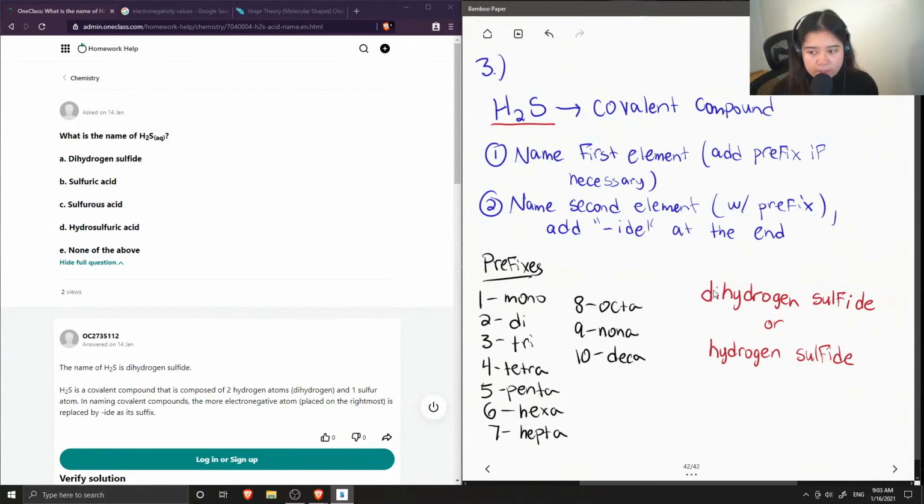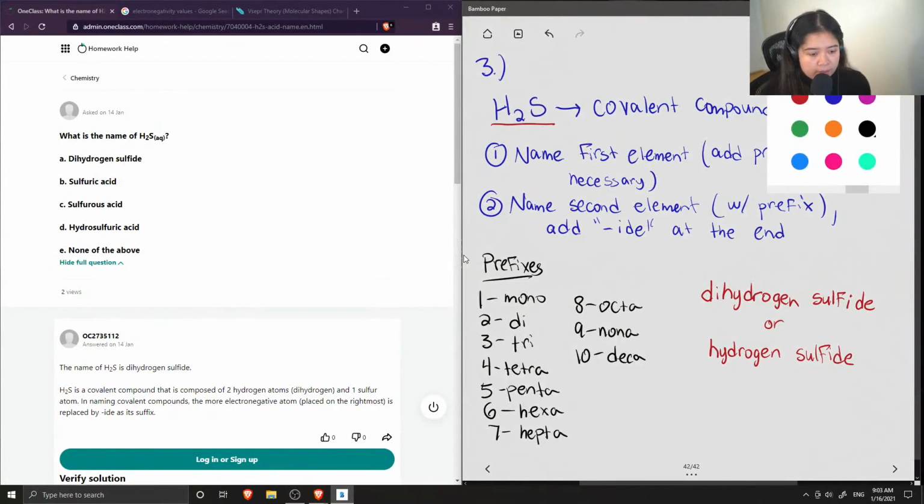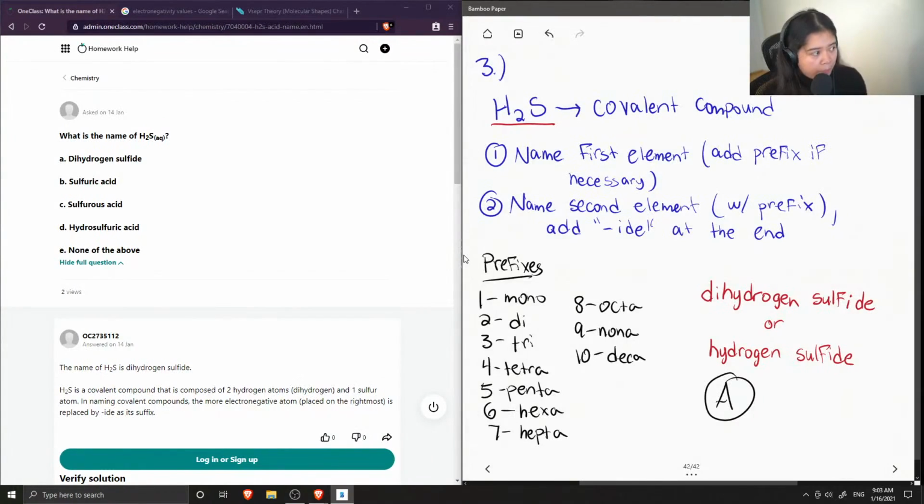So that's why it's not entirely necessary to write the prefix, but both answers would be correct. So if we look at the options they give us, dihydrogen sulfide is on the list. So we can say that the answer is A.